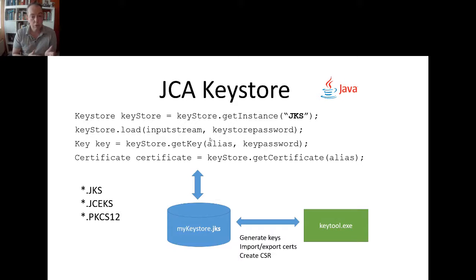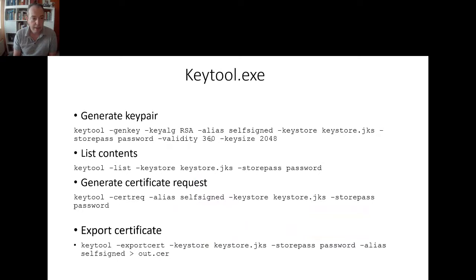Now, you can do this programmatically, but thankfully there's also a tool called Key Tool, which is included in each JDK. Well, it's called keytool.exe here because I'm on Windows. And these are just a couple of examples of commands you can use. So for example, to generate a key pair, which you can only do using Key Tool, you can use the command above, which basically says, okay, I want to generate a key, and the key algorithm is RSA.